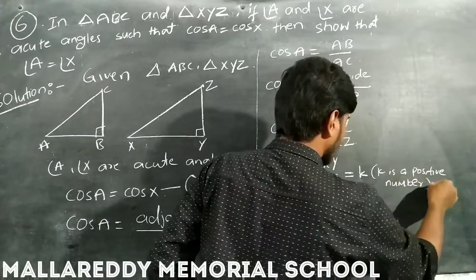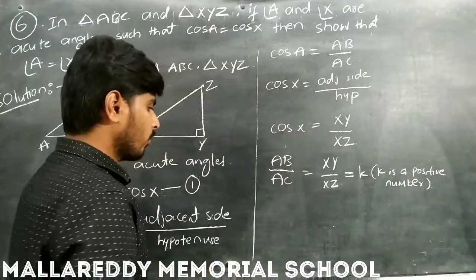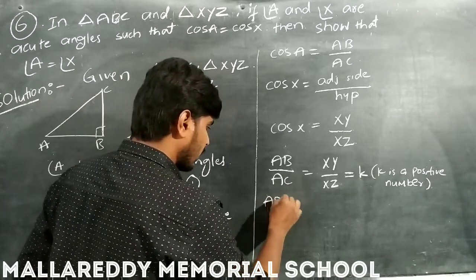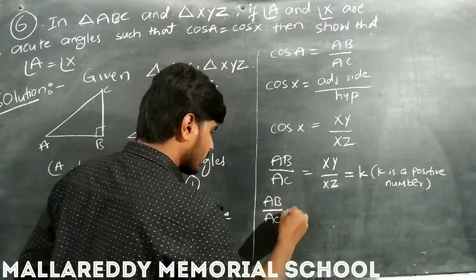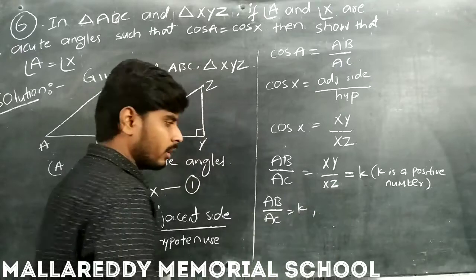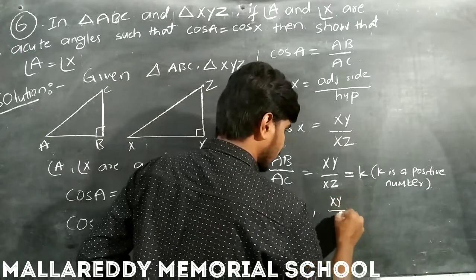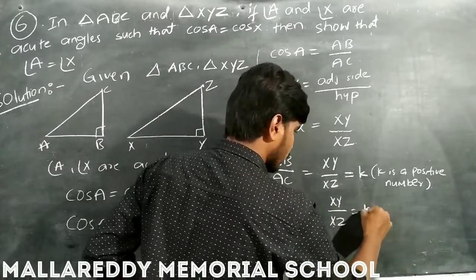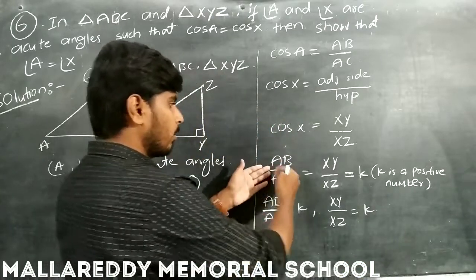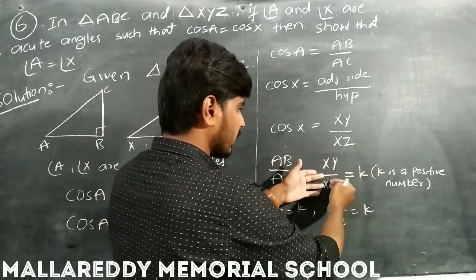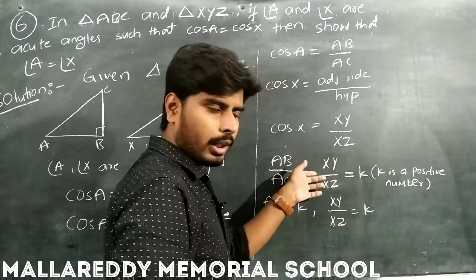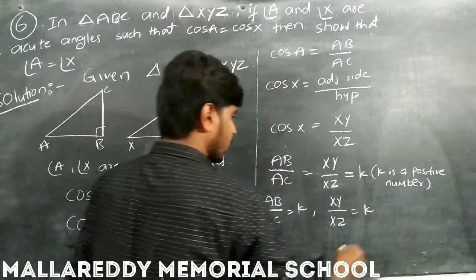In the next step I am writing AB by AC equals K, and XY by XZ equals K. Okay, AB by AC equals K and XY by XZ equals K. This is equation 2.